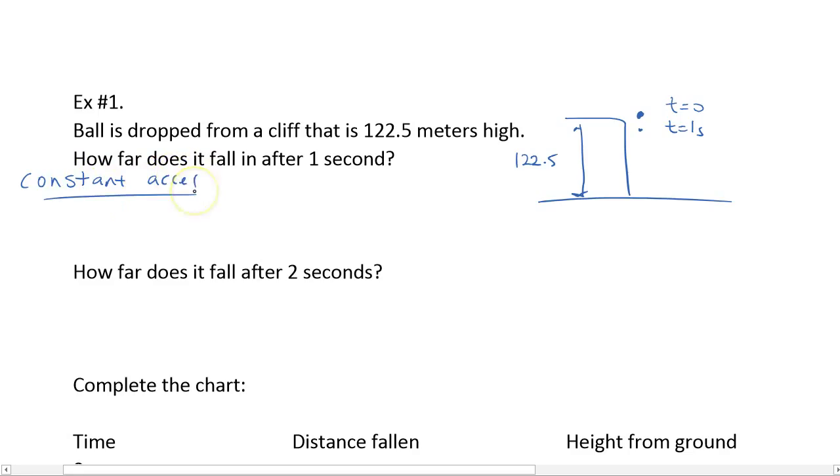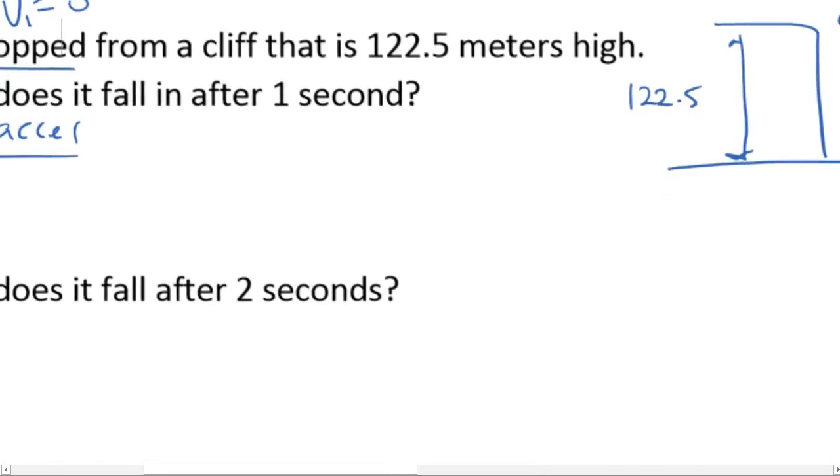So this is a good situation for us to bring out our big 5. So let's consider all the things we know. When I see the word dropped, I realize then that V1 is equal to 0. So that's the first thing I know. V1 is equal to 0. I know that the ball drops for 1 second.